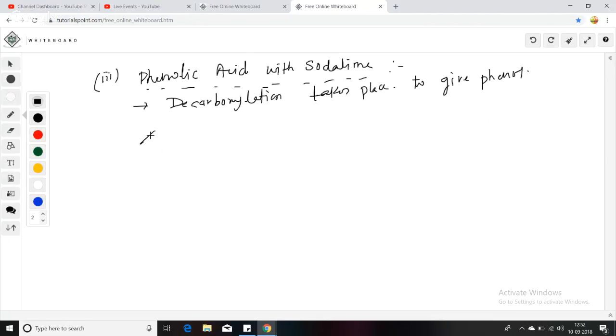So phenolic acid is this: we have OH and COOH, both present.